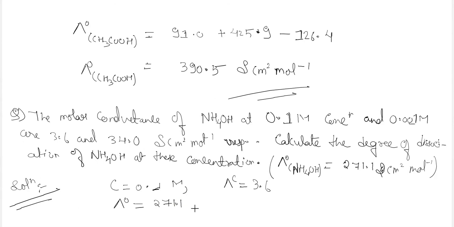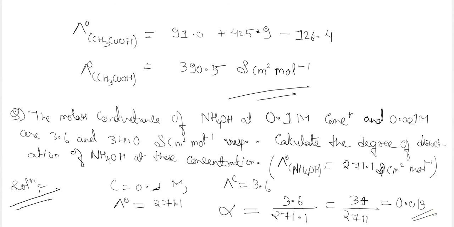So the degree of dissociation will be 3.6 divided by 271.1, that is 36 divided by 2711. The answer will become 0.013.